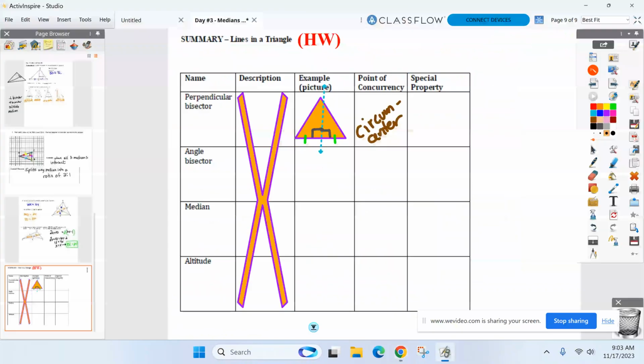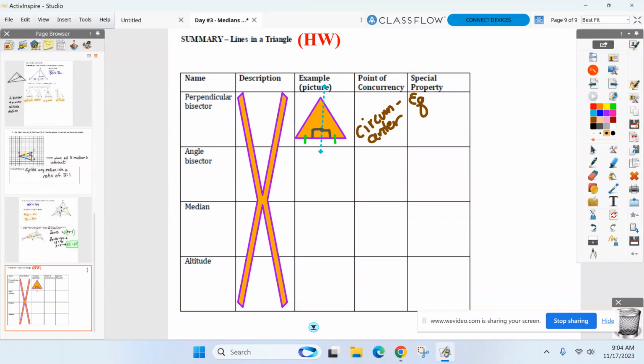Stephanie, what's so good about the circumcenter? Wherever I find the point in the triangle, that's the circumcenter. It will be the same distance from what?